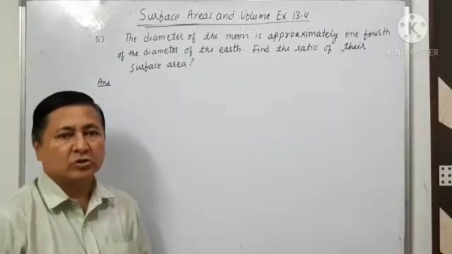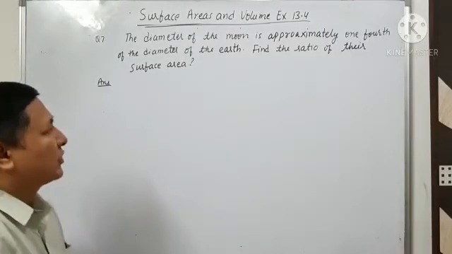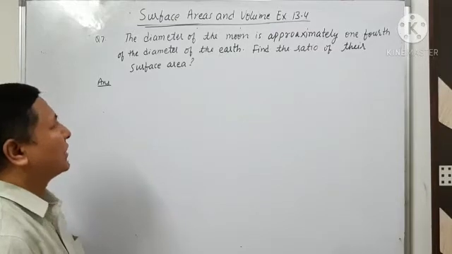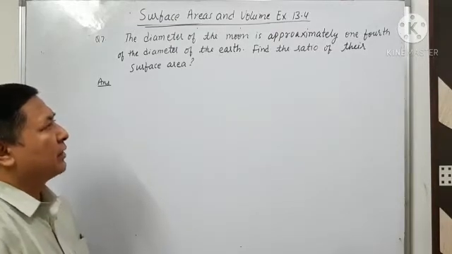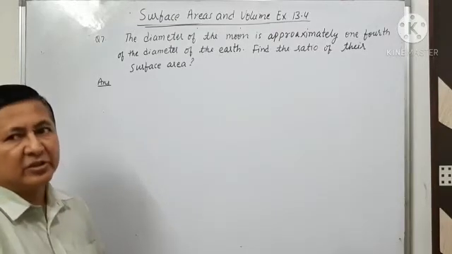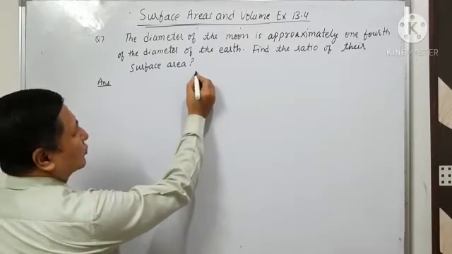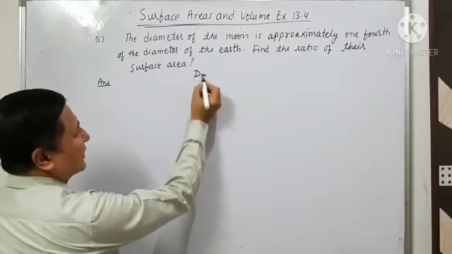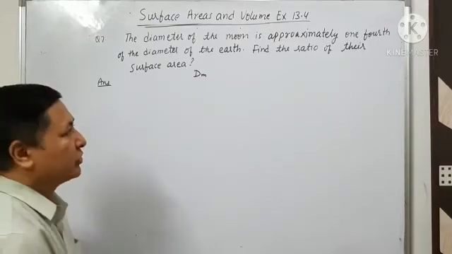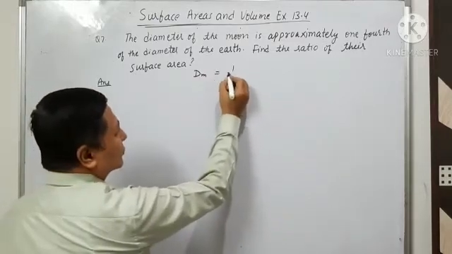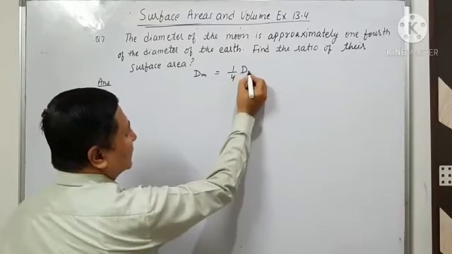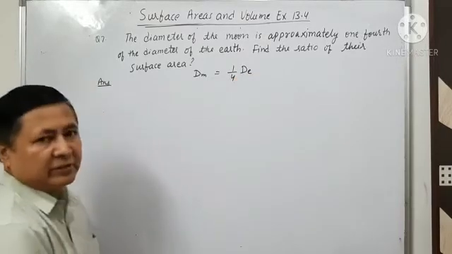Now let us solve question number 7. The diameter of the moon is approximately 1/4 the diameter of the earth. Find the ratio of their surface area. Now in the question it is given that the diameter of the moon, denoted by dm, is 1/4 the diameter of the earth, denoted by de.